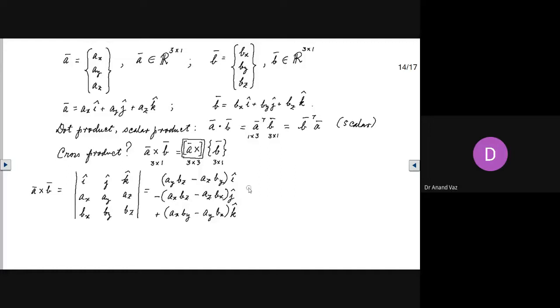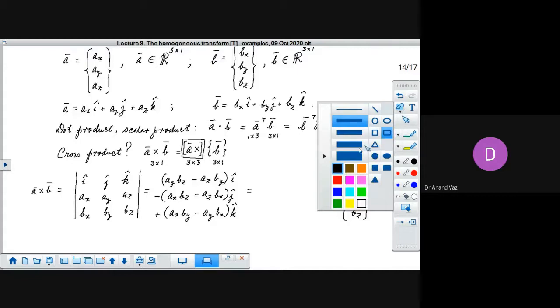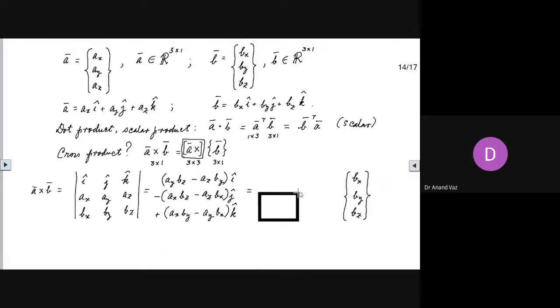Now, if we write this in terms of a matrix, we keep the B matrix here, Bx, By, and Bz, and determine what are the components that are needed for this part here.